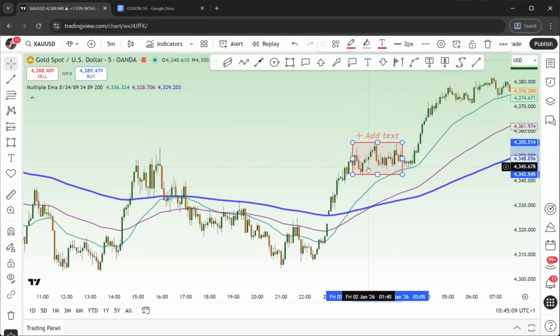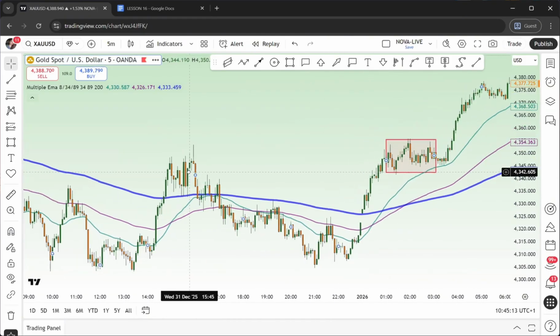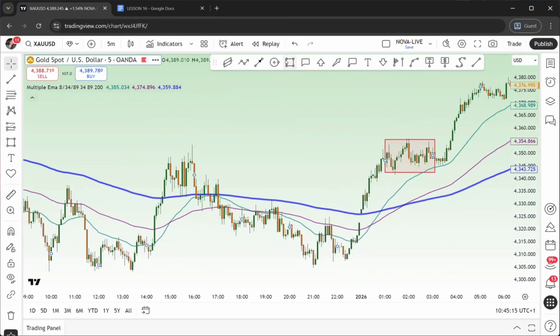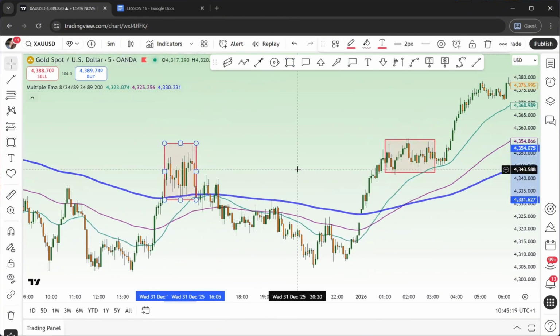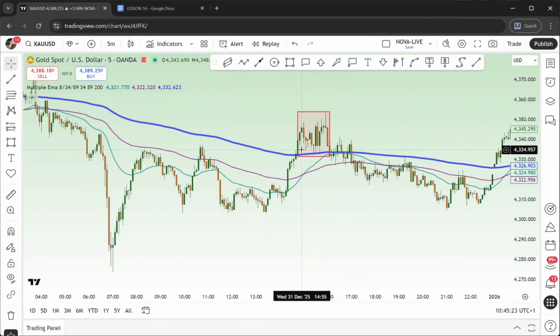At the peak area, you can see that in this period it continued to form very long wick candles. So it will cause a liquidity sweep or stop loss hunting. It just sweeps the stop loss and immediately reverses against the direction you entered the trade.